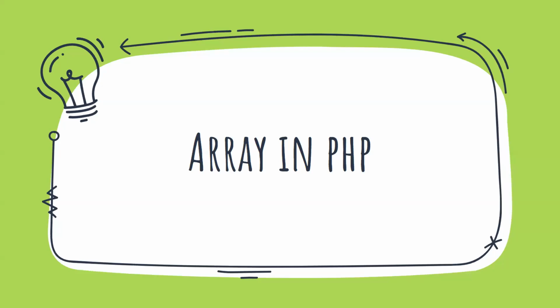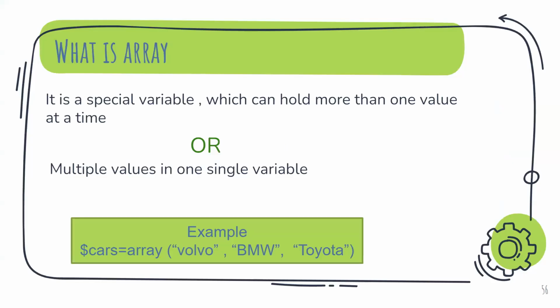Okay, now let's see about arrays in PHP. So an array is a data structure in which we can store multiple values. For example, let's have a cars variable, and now we can have a set of cars stored within one variable itself. So it contains multiple values in a single variable.